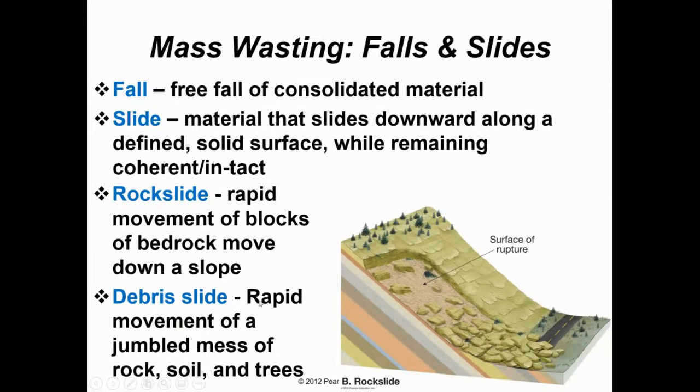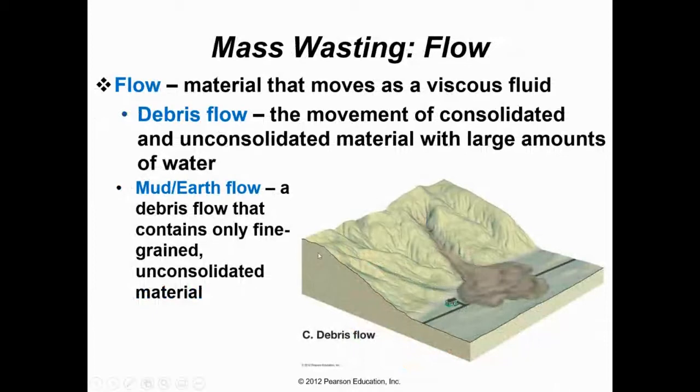So a debris slide is kind of a jumbled mess of everything that you would expect in a forested region. So soil, rocks, trees, plants, perhaps the animals living in those things. I don't know. I'm sure they would go along for the ride. Basically a jumbled mess of every type of earth material of all different sizes. So that's a debris slide.